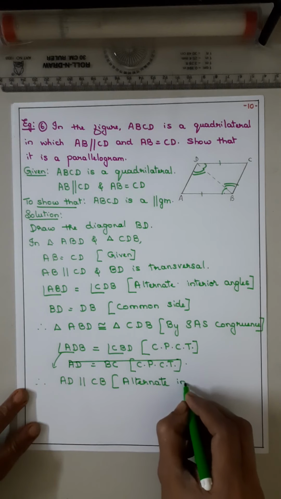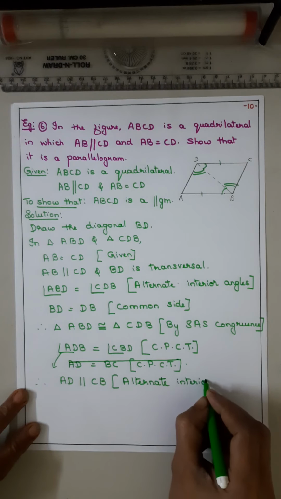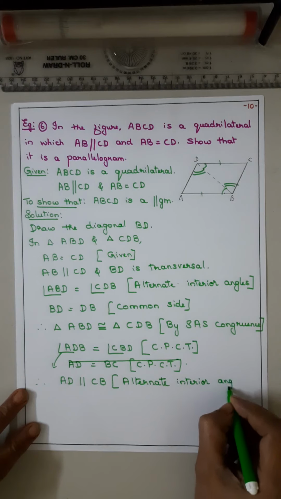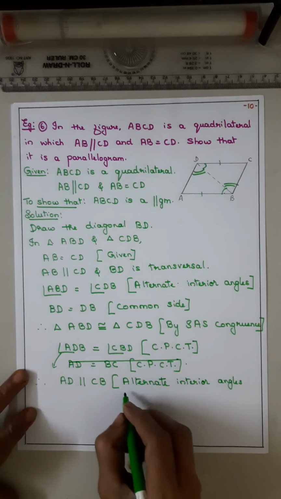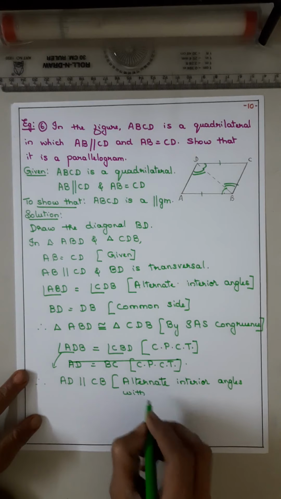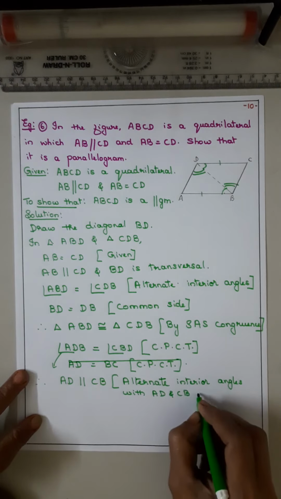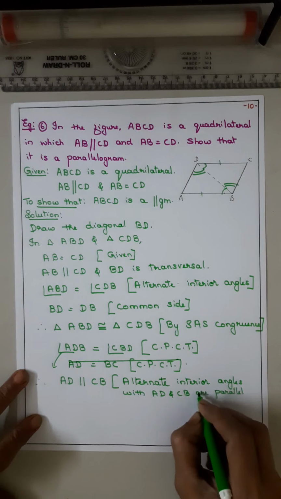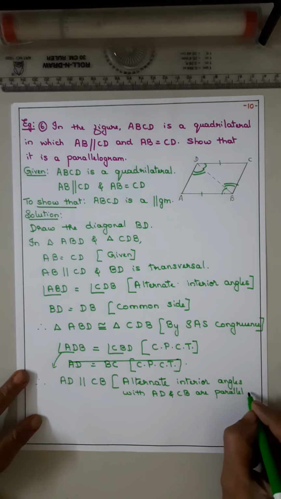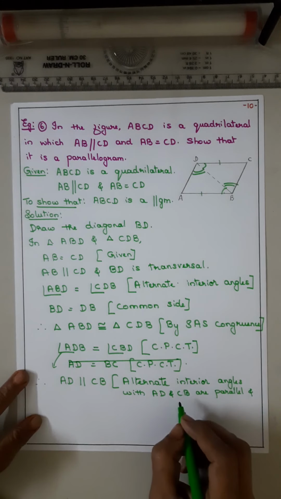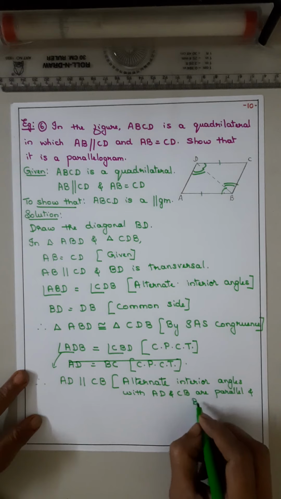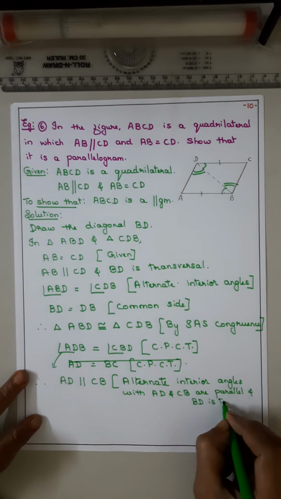Alternate interior angles with AD and CB as parallel and BD is transversal.